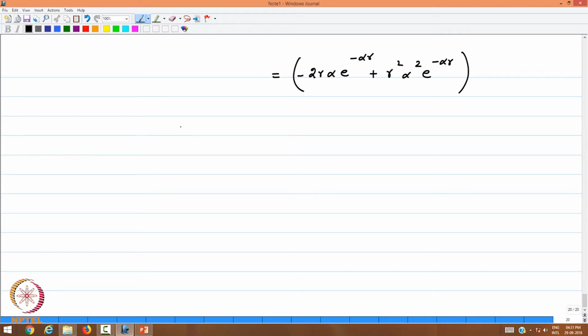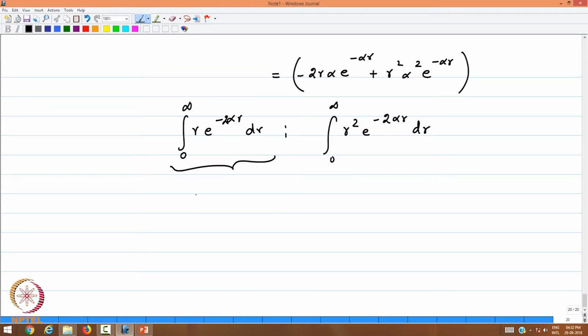The integrals that you need to do are the following: r e to the minus 2 alpha r dr from 0 to infinity, and the other integral that you have to do is 0 to infinity r square e to the minus 2 alpha r dr. This integral is a standard integral. Please recall that we used this in one of the problem sets earlier, that x raised to n e to the minus a x dx is n factorial by a raised to n plus 1.